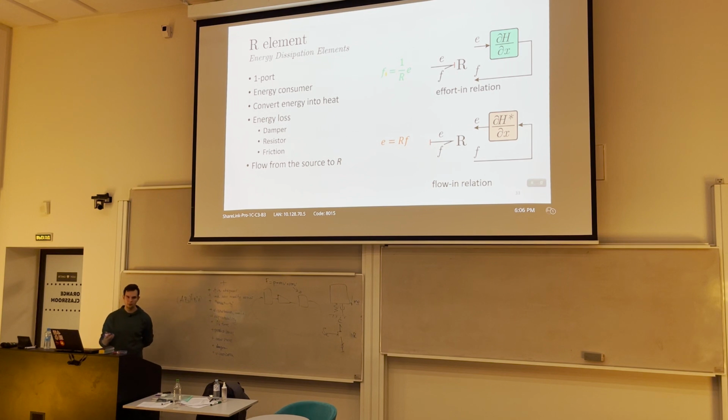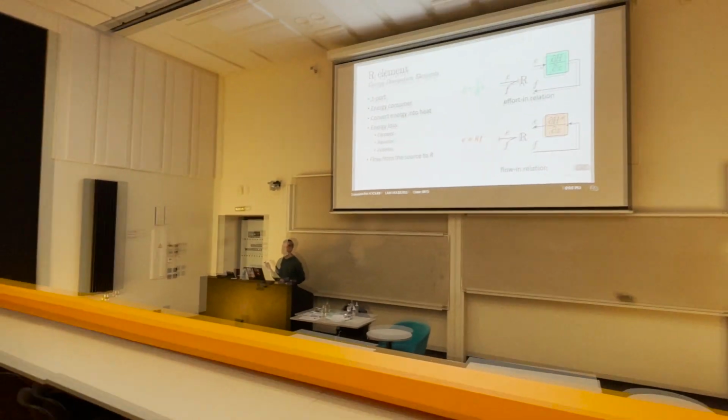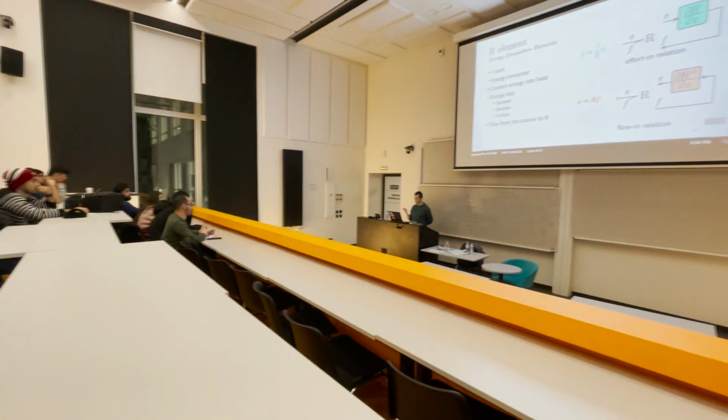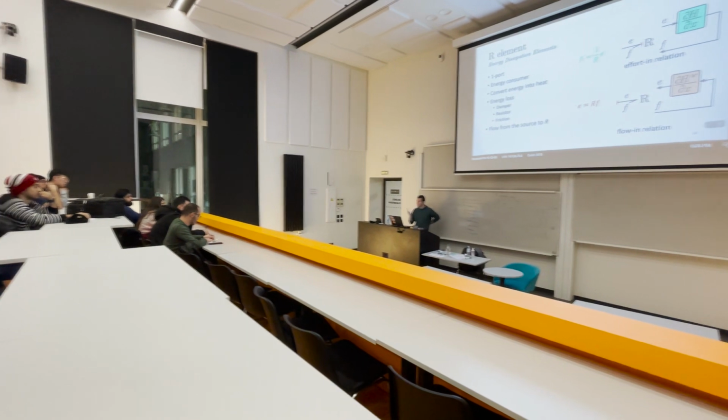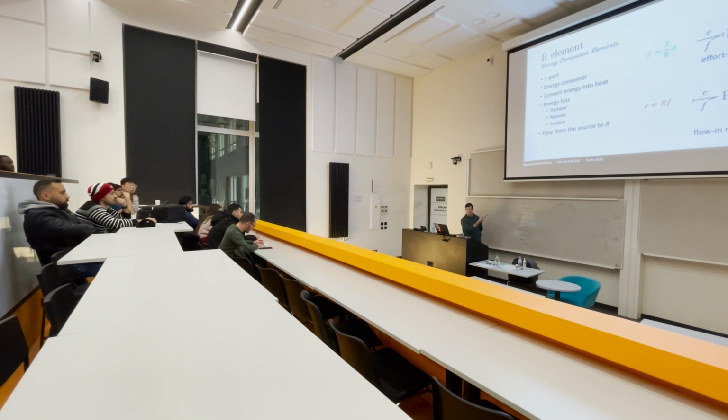For example, do you remember Ohm's law? Can you say Ohm's law? Even if you do not remember the notation, you can always remember this law and the fact that voltage is effort and current is flow, right?